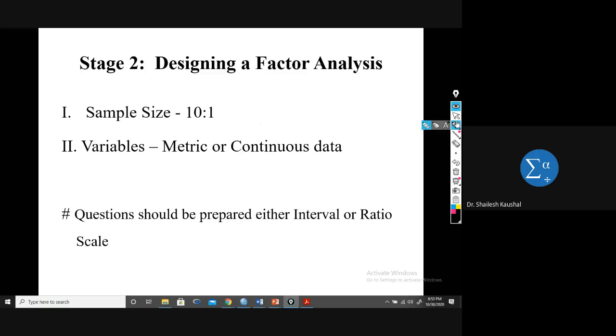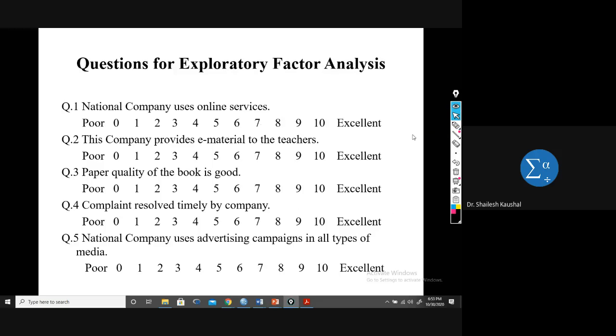How to frame our questions? I took this case study earlier in the multiple regression analysis, and the same case study I will use to conduct the exploratory factor analysis. So how to prepare our questions? All the questions should be on the same scale, like 0 to 10, where 0 means poor and 10 means excellent.